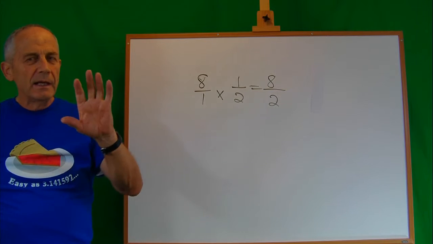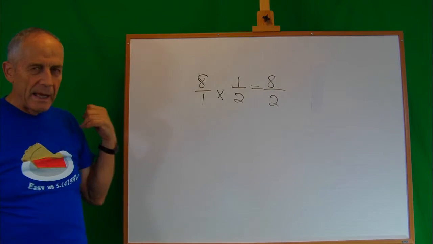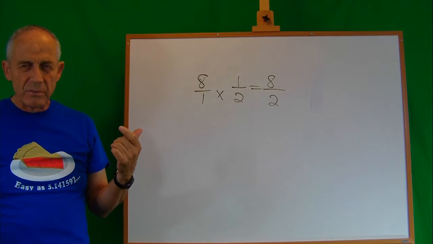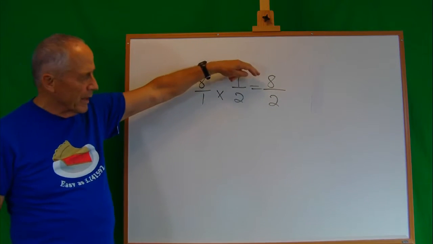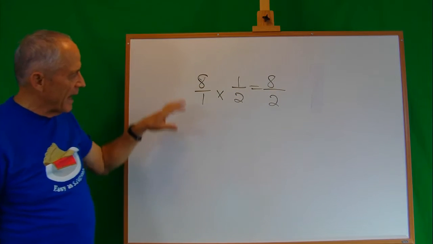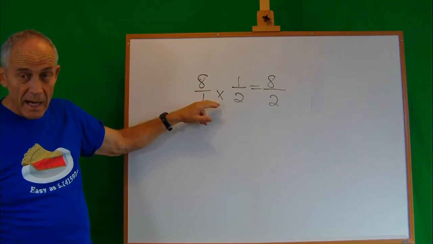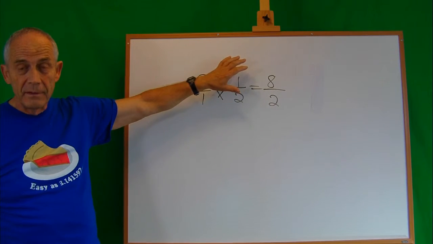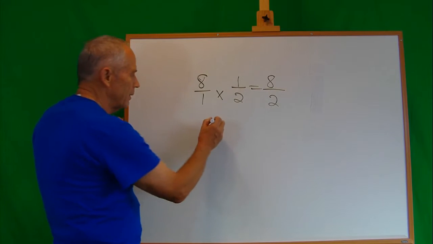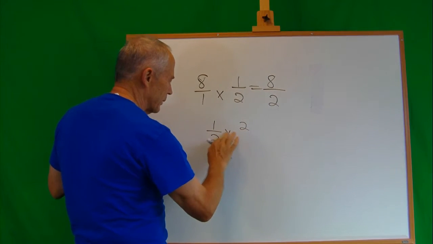Now, just listen while we say it. I'm going to say it in reverse so that you can see why that definition that I gave you is what it is. When I divide 8 by 2, that's the same thing as multiplying 8 times 1/2. But if you look at 1/2 and 2, I'll put an equal sign there.